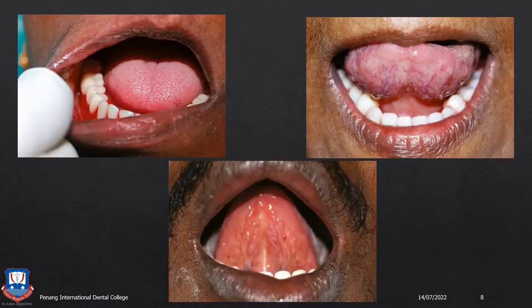So first, as I mentioned, you insert the lower denture and check the peripheral border seal. You check for any underextension or overextension of the denture flanges, which may indicate an error in recording the secondary impression border molding. Then you check the level of the occlusal plane. Then you check the space for the tongue.